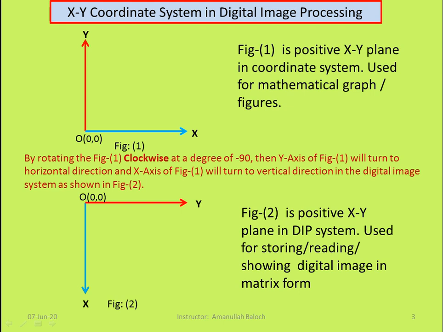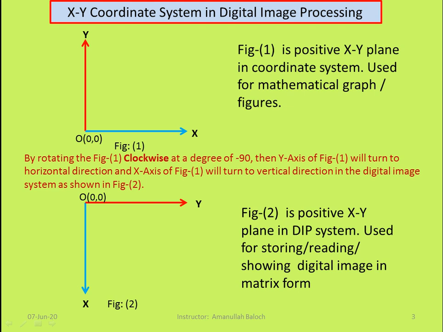How is this coordinate system constructed? By rotating figure 1. This is figure 1, rotated clockwise at a degree of -90. When we rotate it clockwise at -90 degrees, then the x-axis of figure 1 will turn to the horizontal direction.